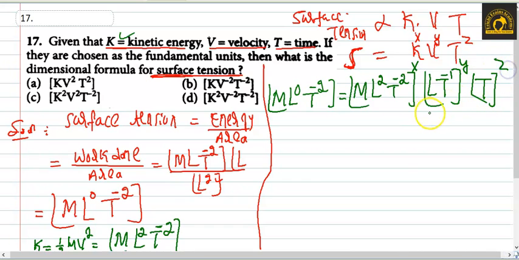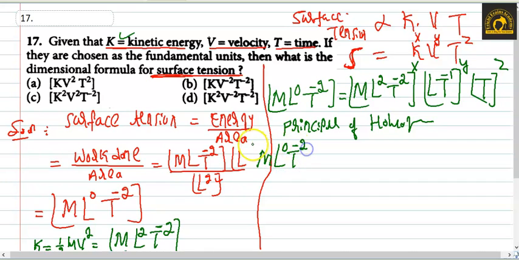Z. So according to the principle of homogeneity, you have to compare powers. That is M L to the power of 0 T to the power of minus 2. That is equal to M to the power of 1 into x plus 0, only x.